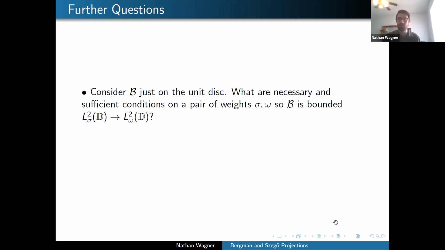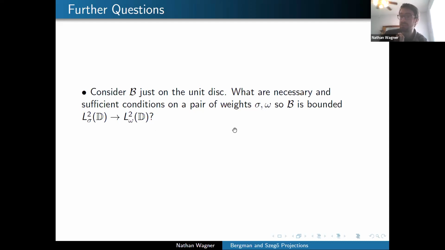And so a couple of further questions, which I think are challenging. I don't know at the moment how to do them. What if you look at the Bergman projection just on the unit disk? What are necessary and sufficient conditions on a pair of weights, omega and sigma, so that the Bergman projection is bounded from L^2 with respect to the weight sigma to L^2 omega? That's a really hard problem, I think.